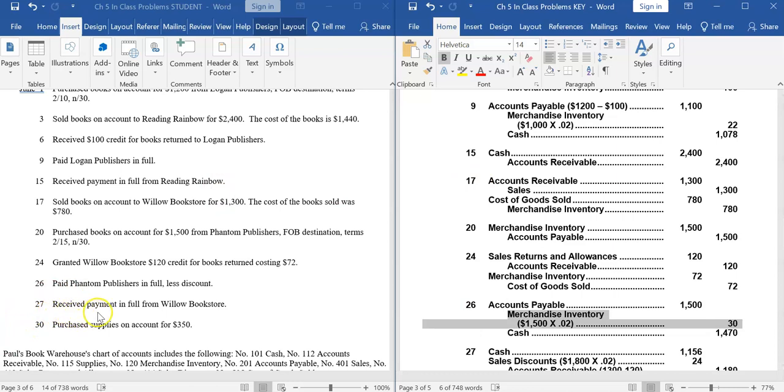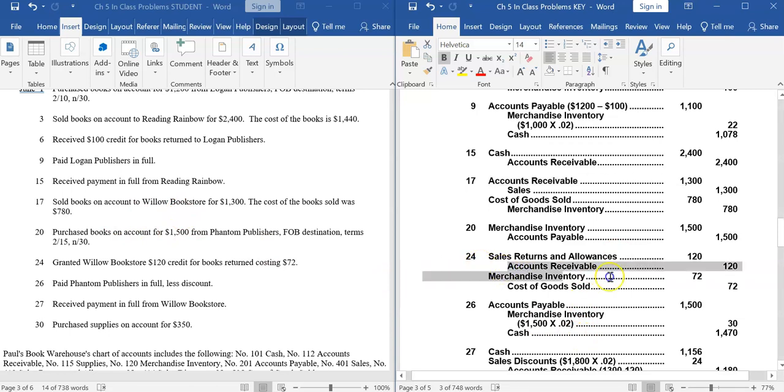On the 27th, we received payment in full from Willow Bookstore. We had sold to Willow Bookstore on the 17th. Sold them $1,300. Willow then returned $120. So we were originally owed $1,300 from that sale on the 17th.